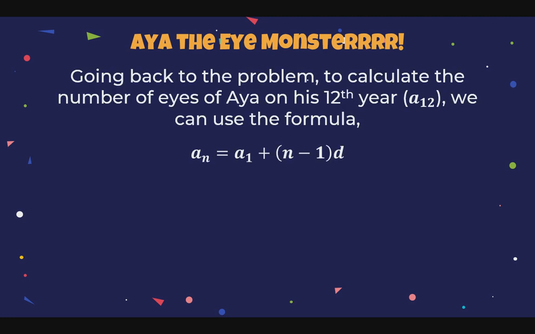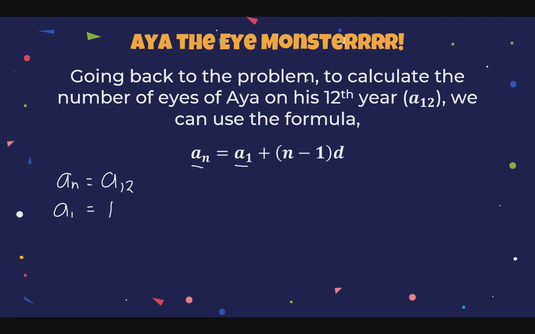So going back to the problem, the number of eyes of Aya on his 12th year, or a sub 12, we can use the formula. So first, the term that we want to find, or our a sub n, is a sub 12. Now our a sub 1 is the first term, which is 1.